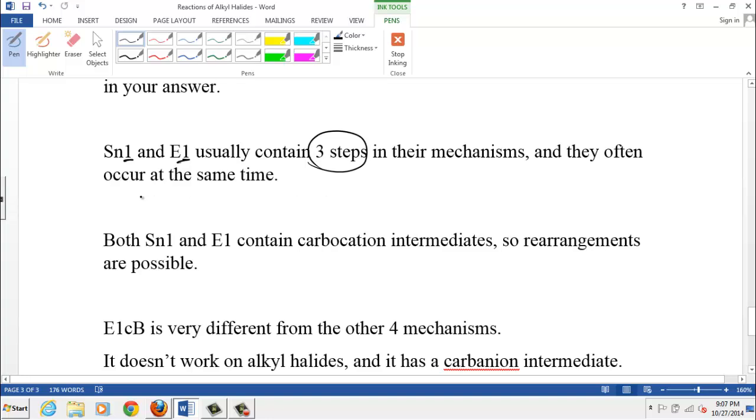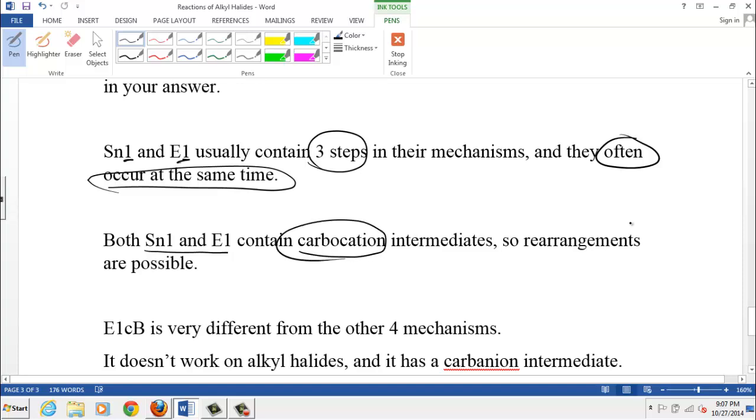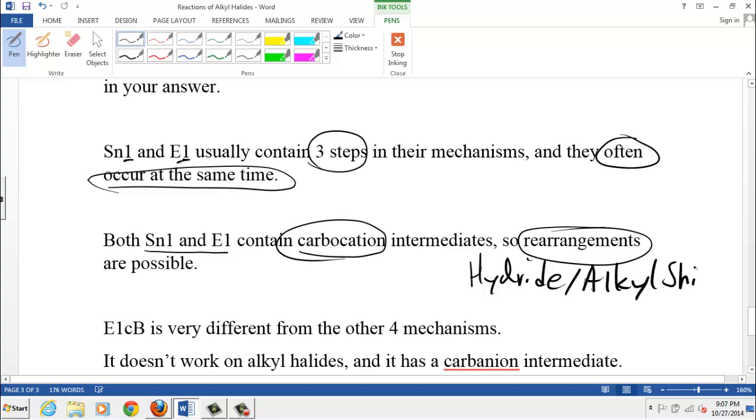And they too, more often than not, occur at the same time. They both, SN1 and E1, have carbocation intermediates. So darn it, we have to watch out for rearrangements. You know, the hydride shift or the alkyl shift. So watch out for those.